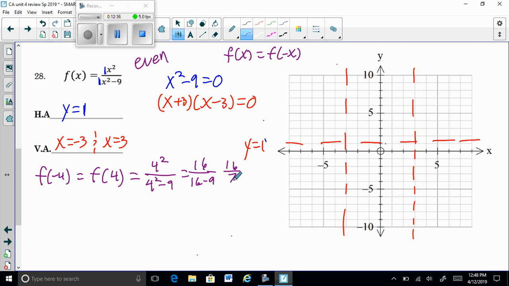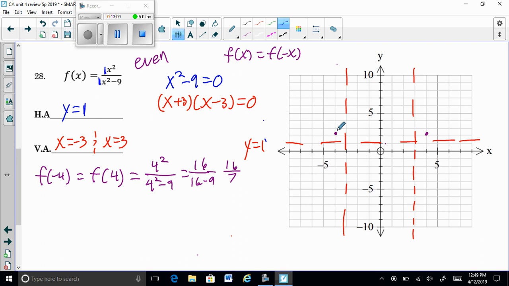So we're going to be at about 2.3, right? And same thing for -4. So for -4, I'm up here at about 2.3. And then over here at +4, same deal. And you could just use your calculator if you needed to get an idea of where that's at.